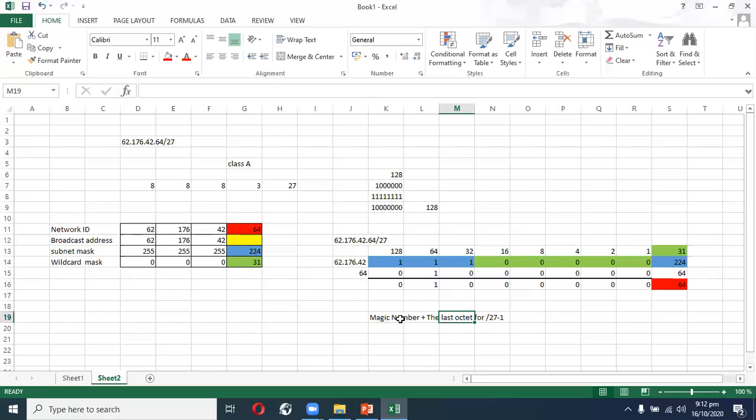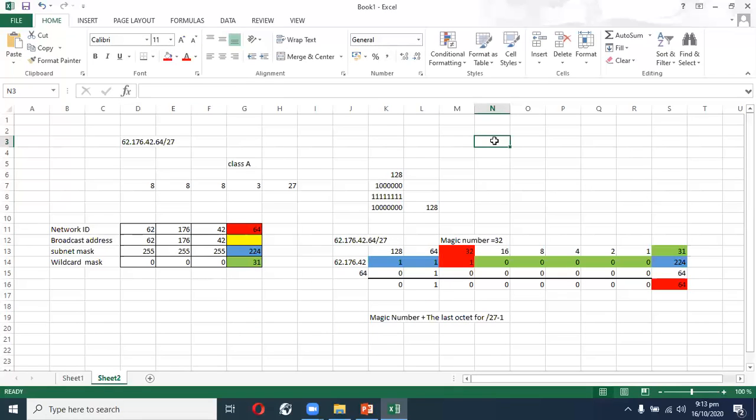What is the magic number? For this IP, our magic number is 32.